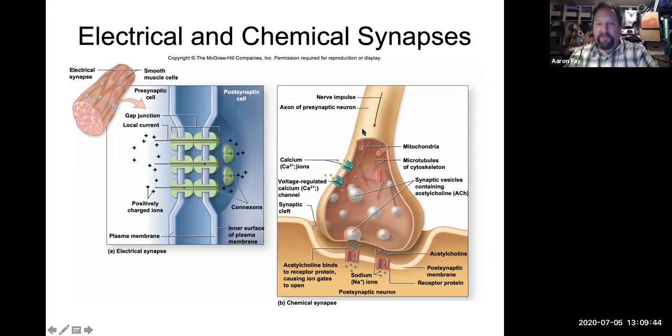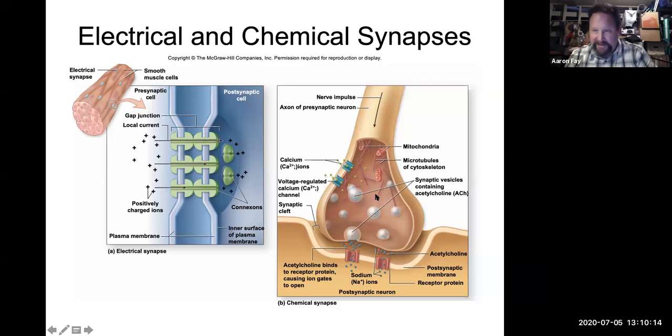So you will find chemical synapses between neurons and skeletal muscle cells, between neurons and other neurons, and you will find electrical synapses between one smooth muscle cell and another smooth muscle cell, or perhaps between one cardiac muscle cell and another cardiac muscle cell. Here you have direct transfer, ions going through the gap junction from one cell into the other, allowing the action potential to pass from one cell to the other.